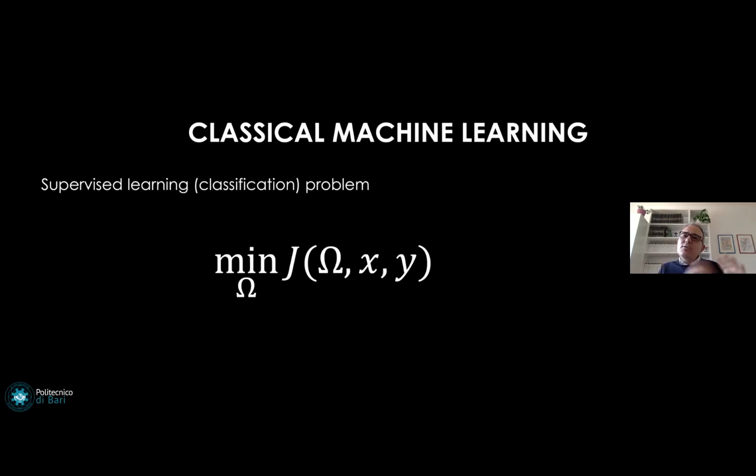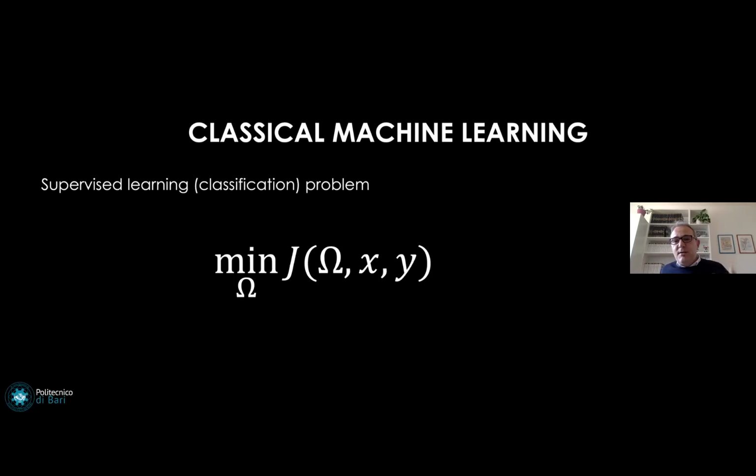Okay, so how can all this now be modeled in a machine learning way? We talk about supervised learning, a typical classification problem where we want to minimize a loss function.